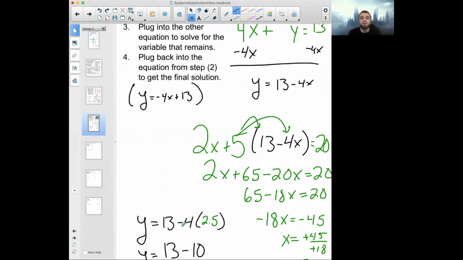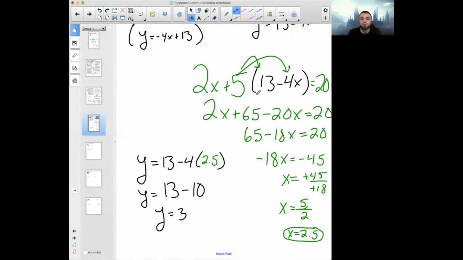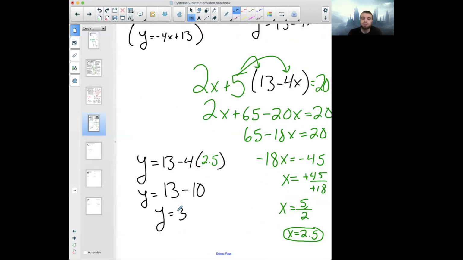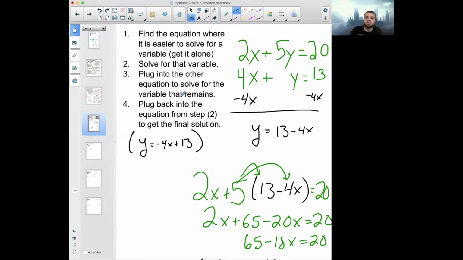So let's check our work. If we go back to the original equation, 2.5 times 2 is 5. 5 times 3 is 15. 5 plus 15 is 20. So the first equation checks out. And then if we do 2.5 times 4, that is 10.